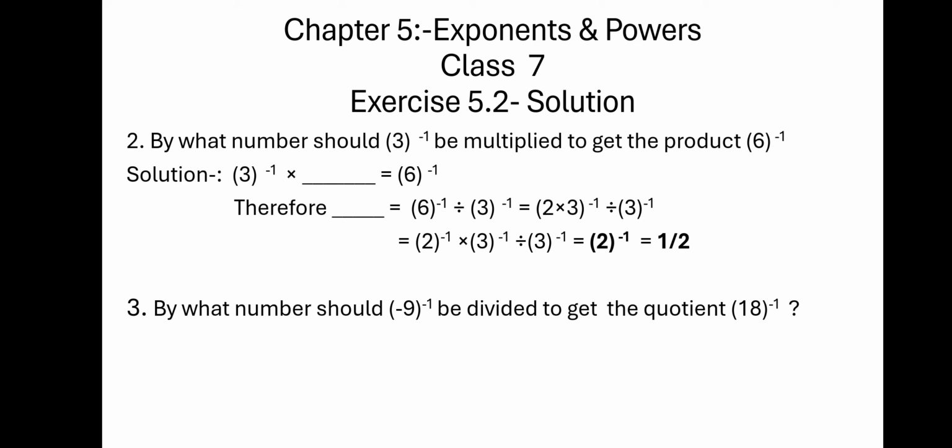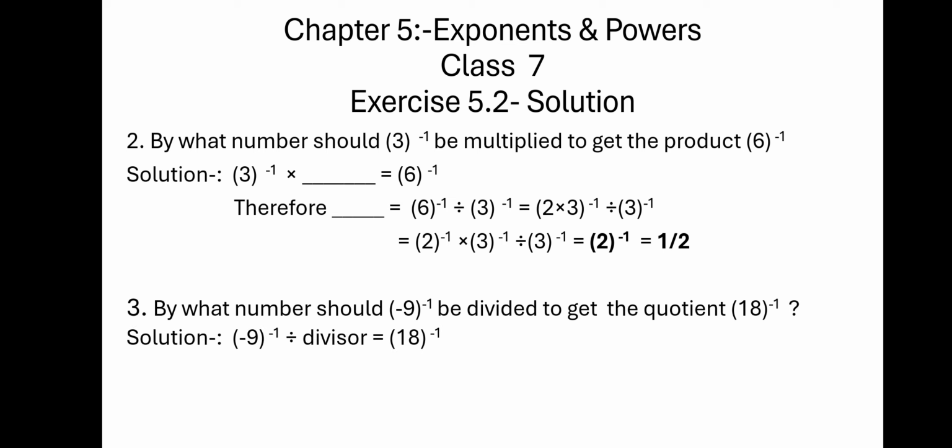Now third question. By what number should negative 9 raised to the power of negative 1 be divided to get the quotient 18 raised to the power of negative 1? Now here there is a division. We are given the dividend and we have to find the divisor.